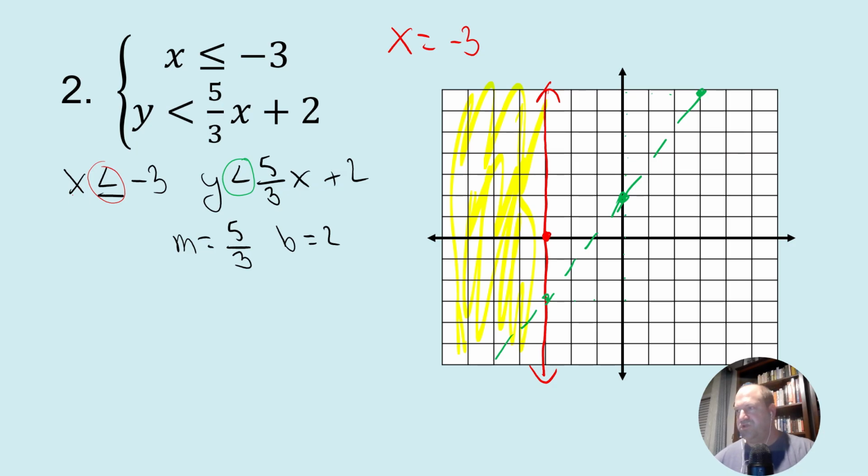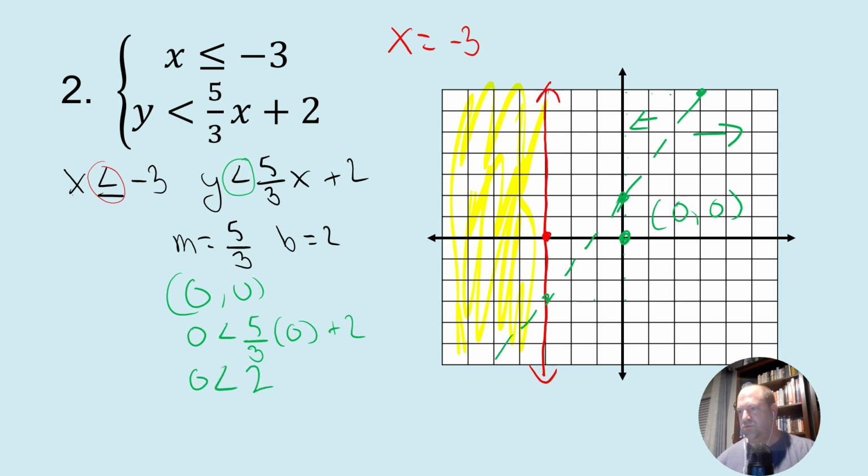So now I need to figure out what direction I'm going to shade. Am I going to shade to the right, or to the left? An easy point to test is (0, 0). So let's test (0, 0) in here. 0 is less than 5/3 times 0 plus 2, and I get 0 is less than 2, which is true.